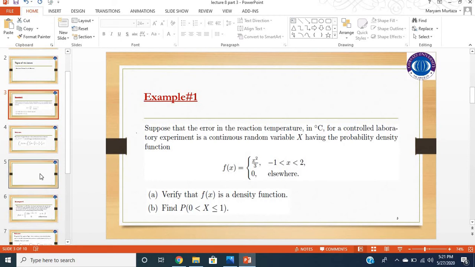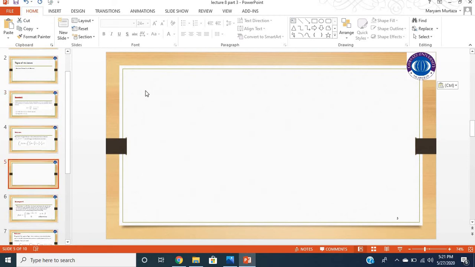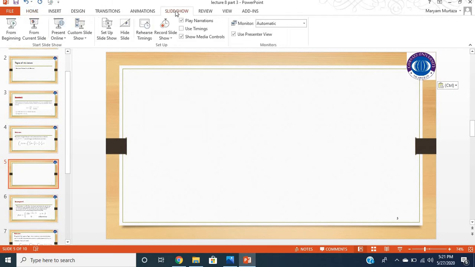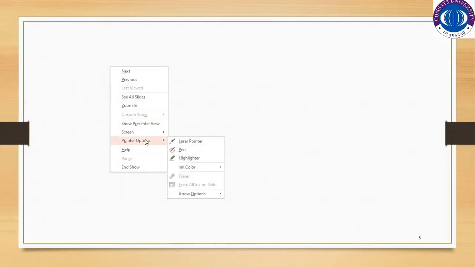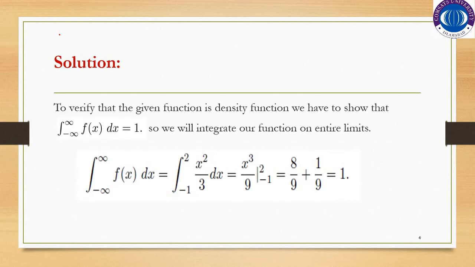As we know that our function is x cubed by 3, and we have to find out between 0 and 1.